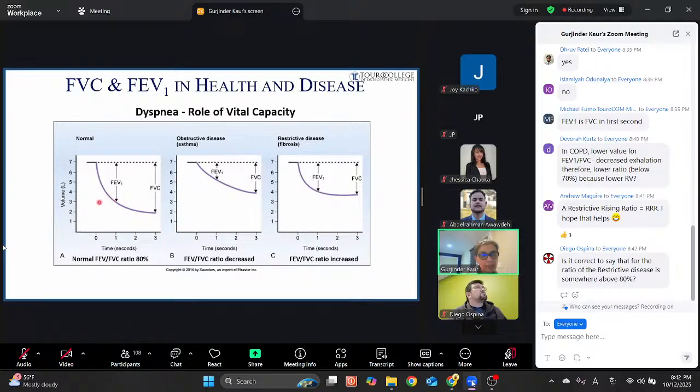So Deborah is asking, in COPD, lower value of FEV1, FVC, decreased exhalation, therefore lower ratio? No, the RV will be higher, Deborah, because they are having a hard time getting that air out. Inspiration is not an issue for them. It could be an issue, but mostly what is problematic for them is that in COPD they'll be losing the lung compliance, right?